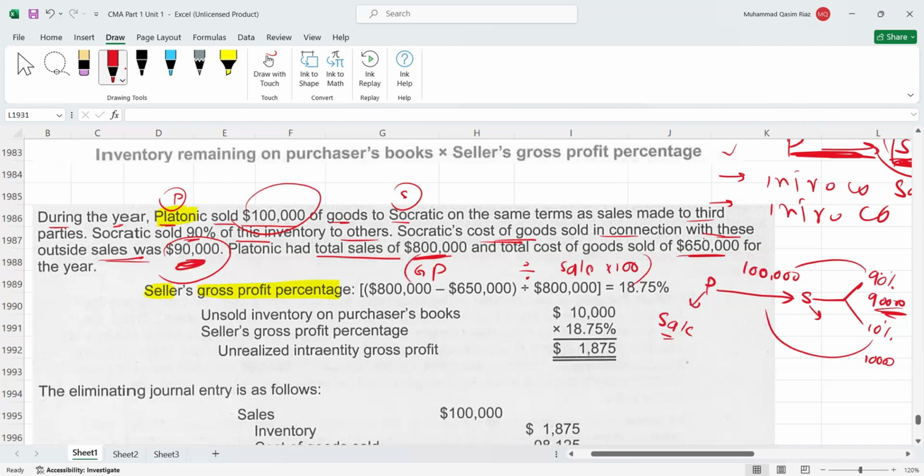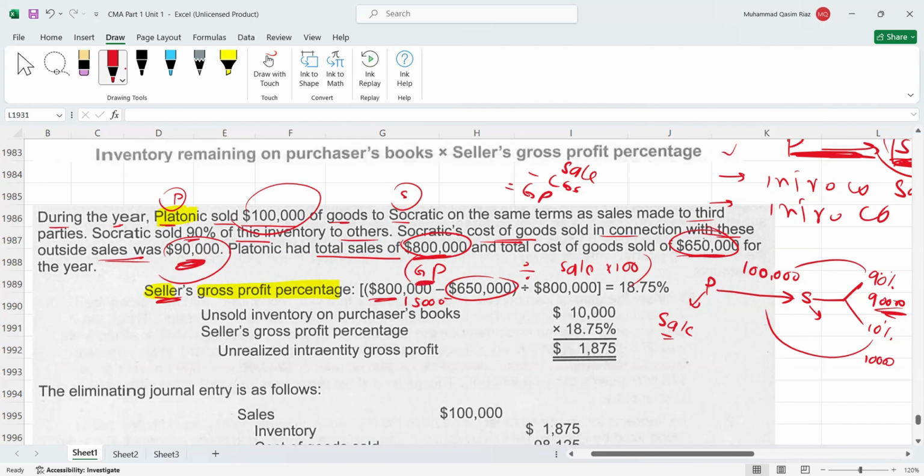And you know how we calculate GP? GP we can always calculate by taking sale minus cost of goods sold equals GP. So here I'm calculating the seller's GP percentage. Seller sale is 800,000, which I'll write here, minus seller cost of goods sold, 650,000. Sale minus cost of goods sold, 800 minus 650, is 150,000, which is my gross profit.